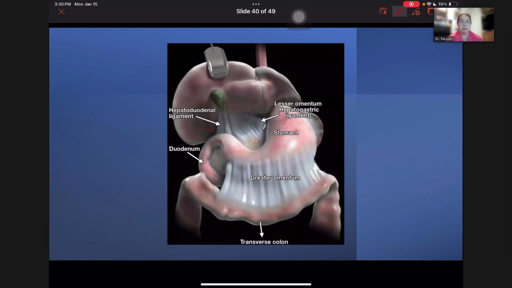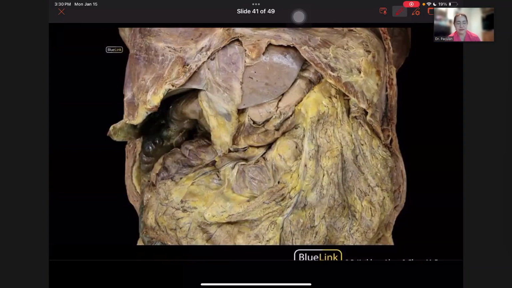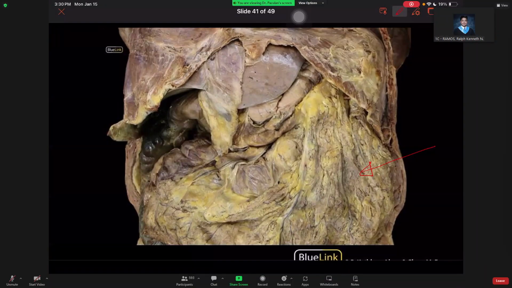Okay, let's try to identify some structures. Anyone, just unmute. What do you call this? Greater omentum. Very good. That's your greater omentum.